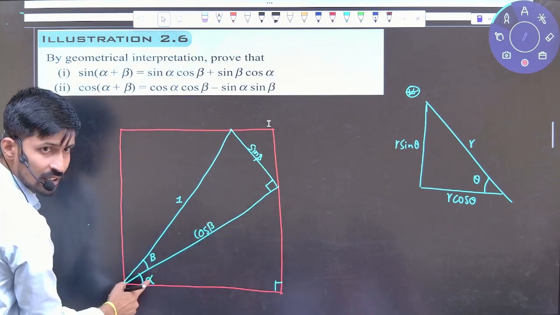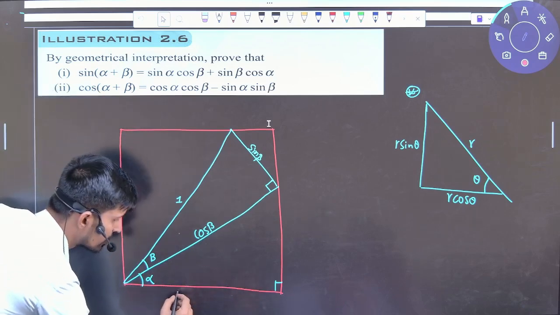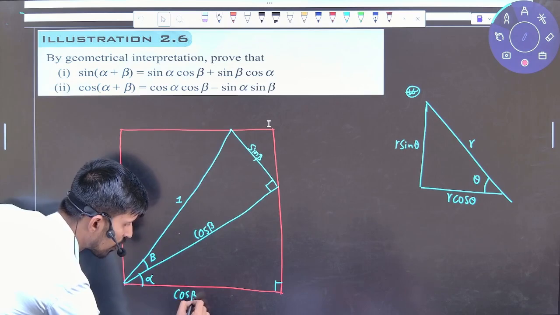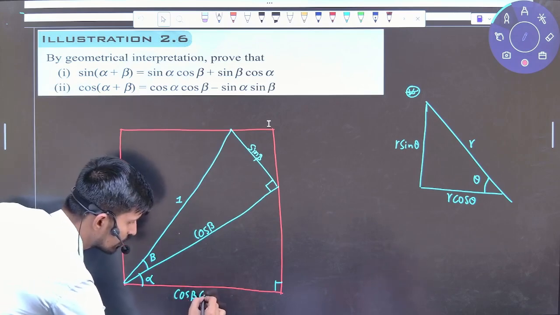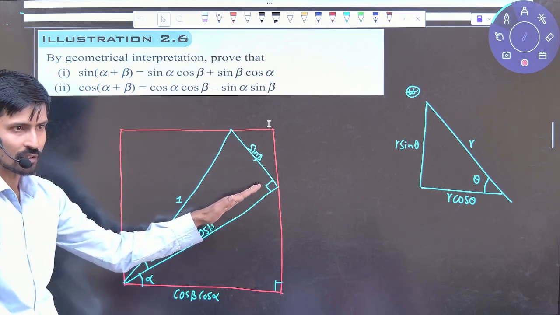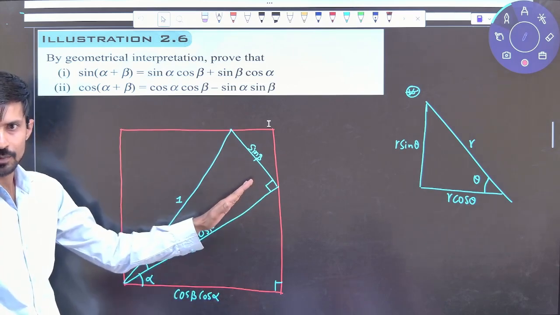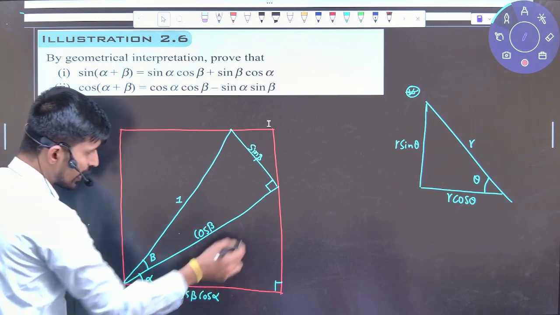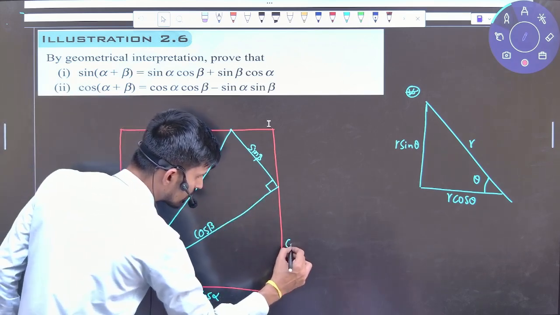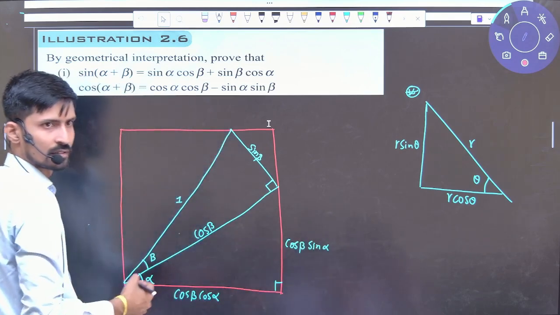This angle is alpha and this length is cos beta. So what will be this length? Cos beta into cos alpha, because this now becomes r, and the side is r cos alpha. And this length will be cos beta sin alpha.